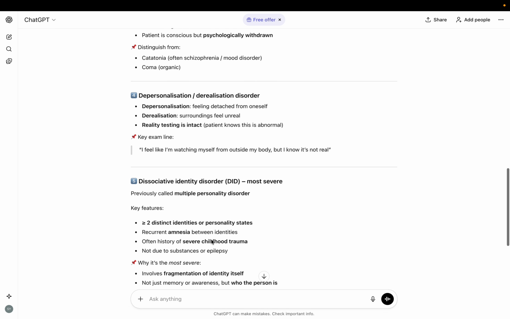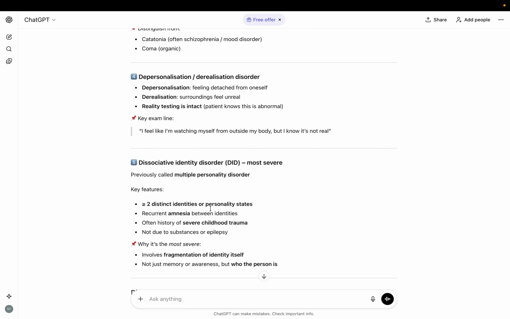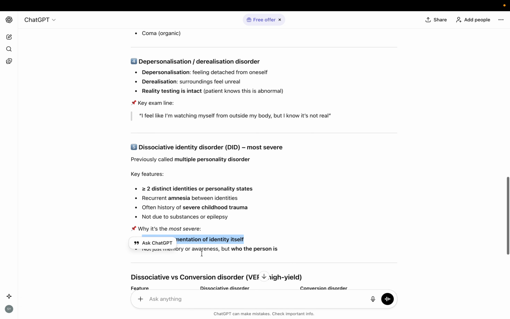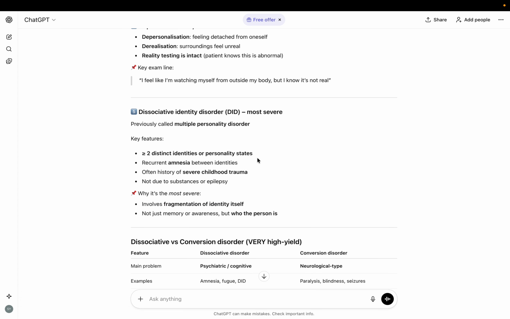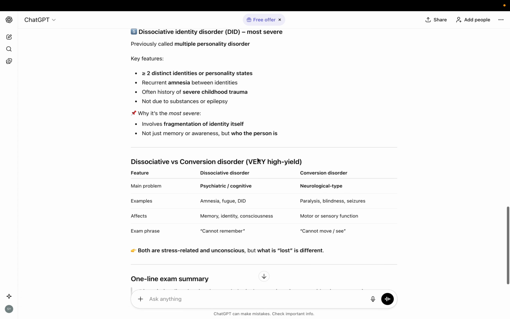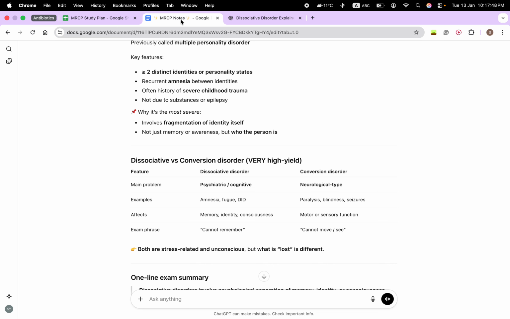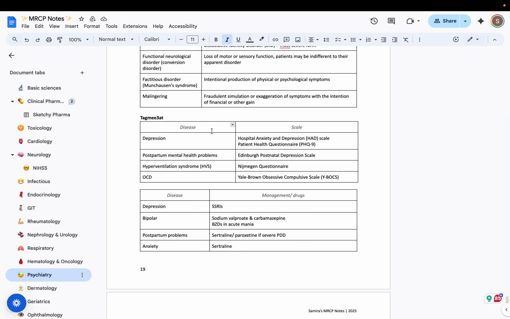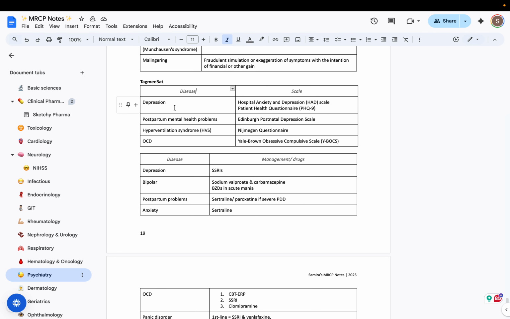Wow. Multiple personality disorder, fragmentation of identity. This is so hard. Okay. Scales: depression, hospital anxiety and depression scale, PHQ.